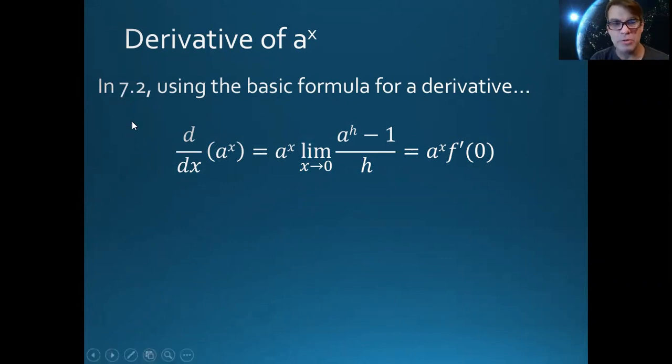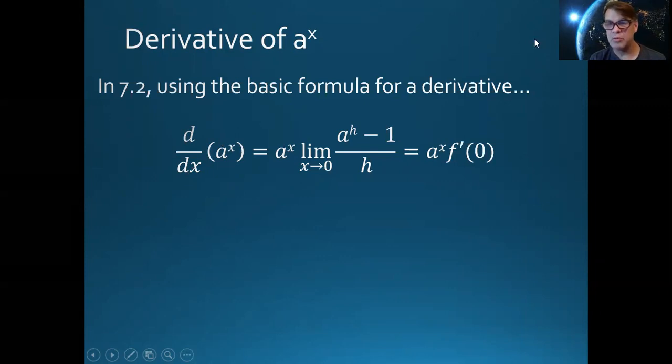But if you go back to 7.2, if you're using the edition of Stewart that has this chapter on logarithms, you will find earlier that we've already realized that the derivative of an exponential function is going to equal that constant raised to a variable times the limit, as h approaches 0.